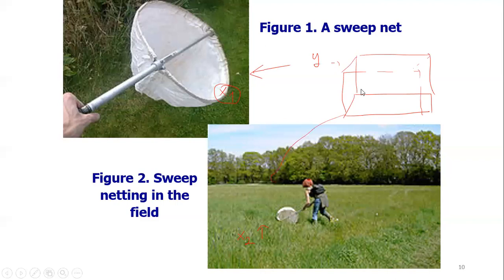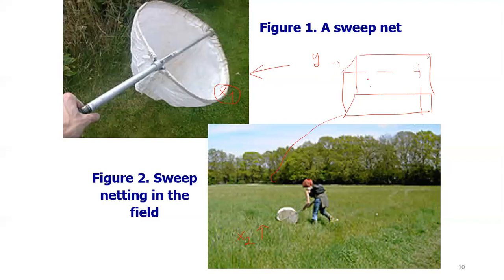What you're trying to do is see whether there is a relation between the sweep net and the drop net.